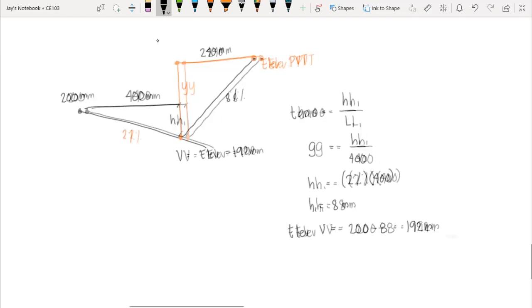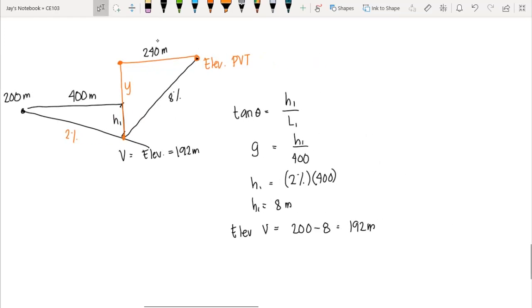And then you add Y. To compute for Y, you have Y is equal to 8% of 240, correct? So you have Y, which is 19.2 meters.